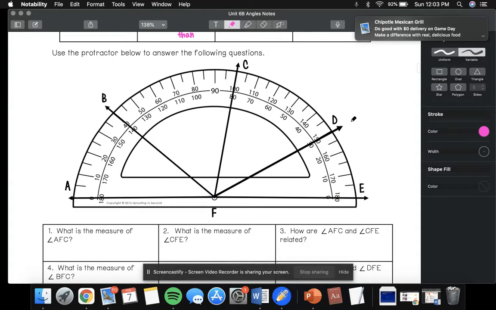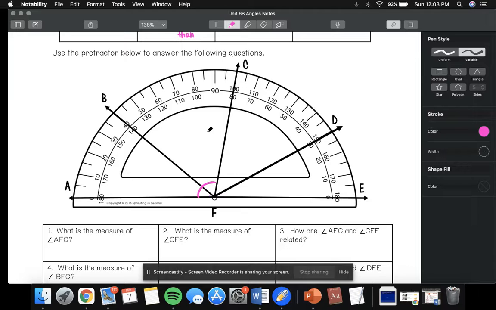Okay. So we have a little protractor here, and we're just going to talk about how to measure angles. So we have A, B, C, D, E, and F is in the middle, and we have a protractor at the middle. Okay. So first it asks, what is the measure of angle AFC? So to do this, we find A, and then we go to F, and then we go to C. So I'm talking about this angle right here.